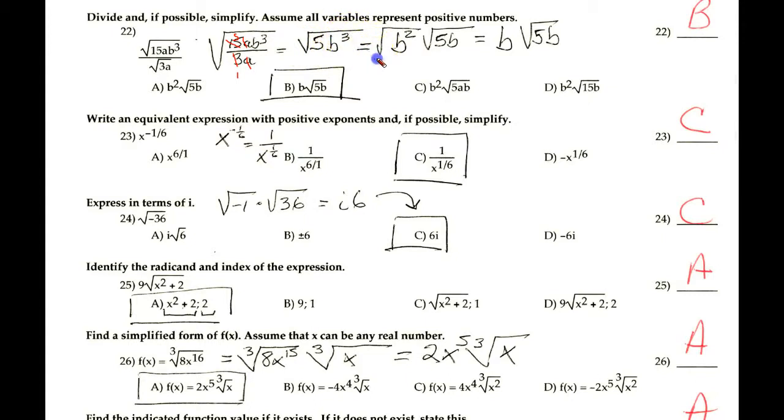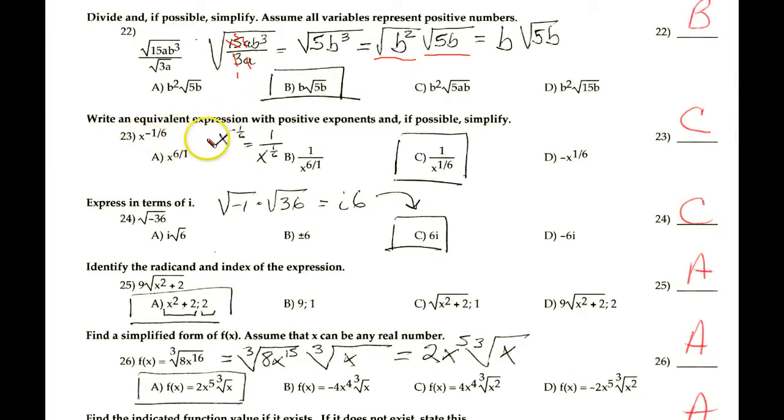Well, again, our technique is to put two sets of radical signs. Under one, we put perfect squares, which is b squared. And whatever's left over, 5b. We take the square root of this, which gives me b, the square root of 5b. Okay, that's letter B.